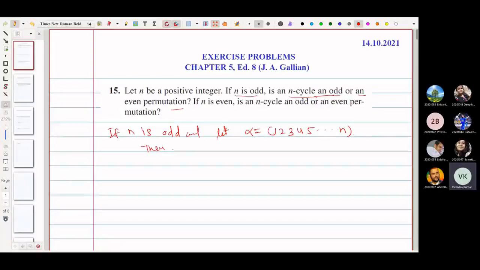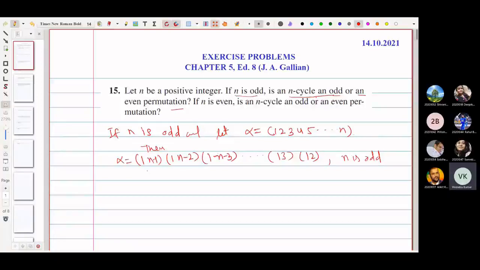Then obviously we can write alpha as (1 n)(1 n-1)(1 n-2)(1 n-3) and so on, up to (1 3)(1 2). Remember that n is odd by assumption.